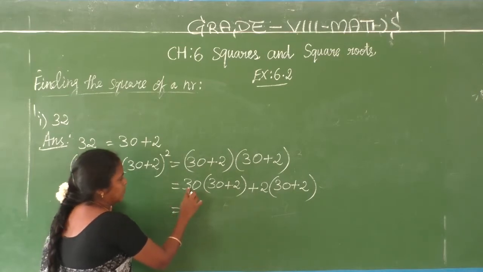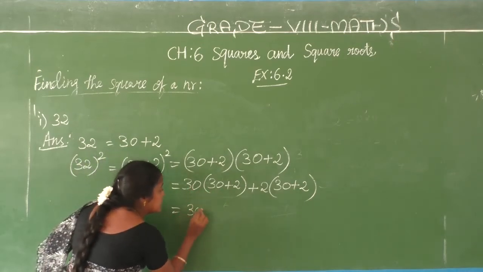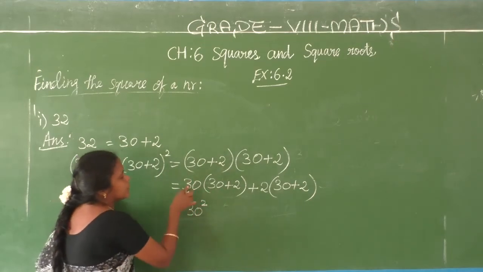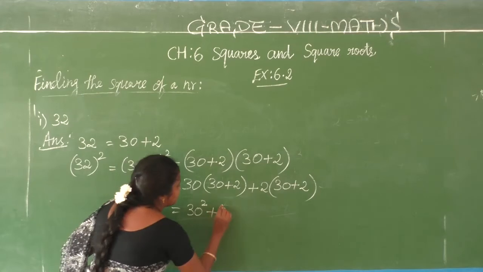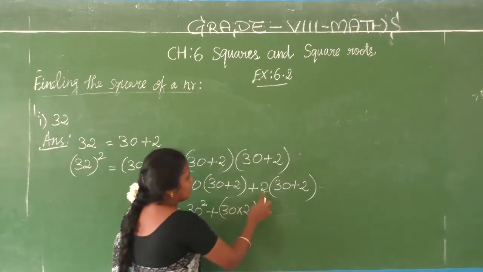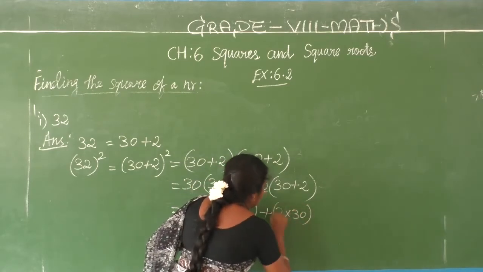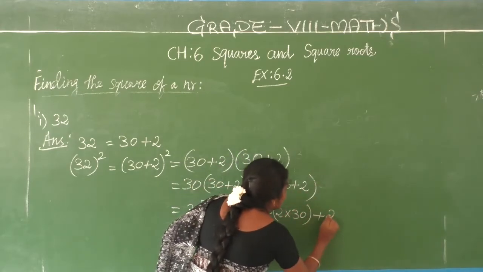Take this 30 inside to multiply: 30 into 30, 30 square. Then 30 into 2. Plus here 2 into 30, plus 2 into 2, 2 square.